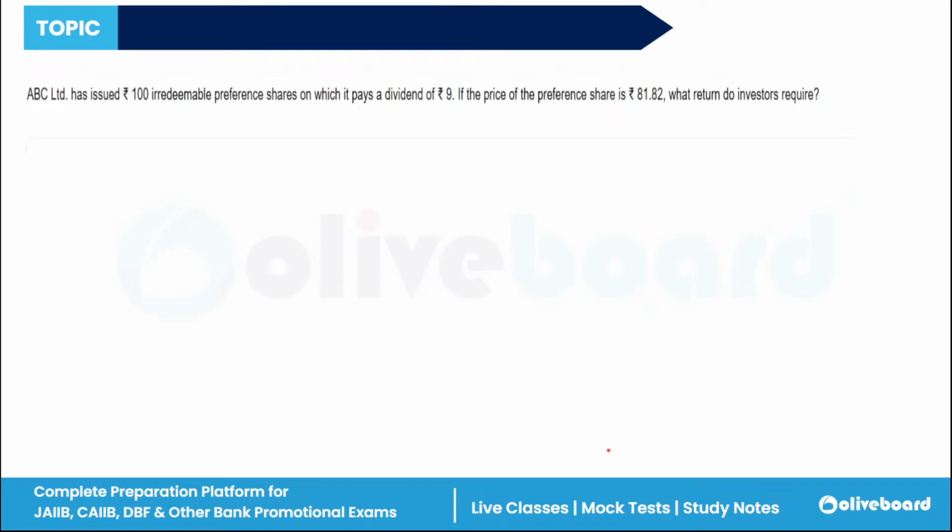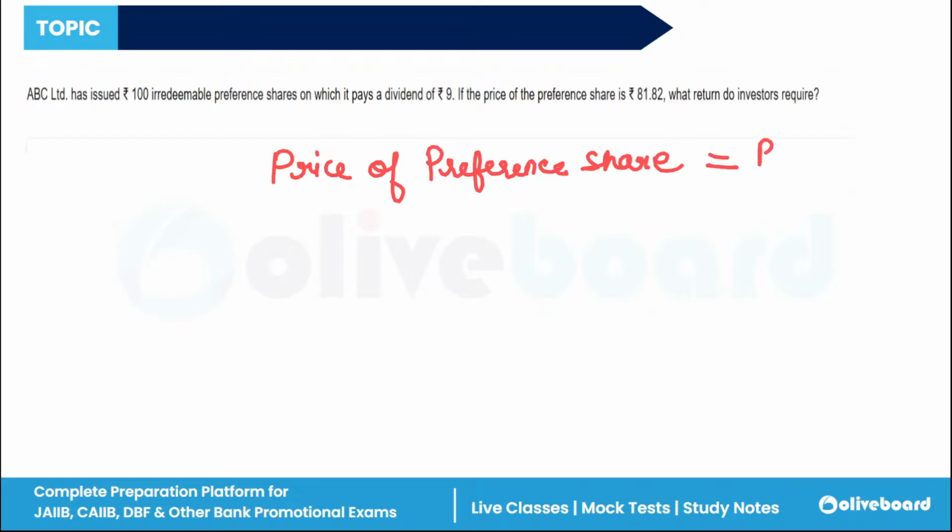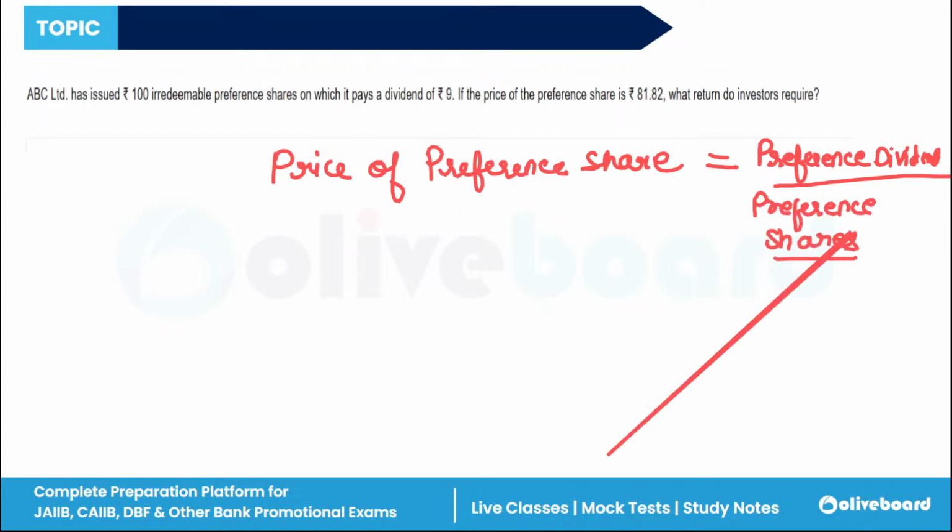Simply we know the formula, price of preference shares is equals to preference dividend divided by preference shares yield to maturity return, right?